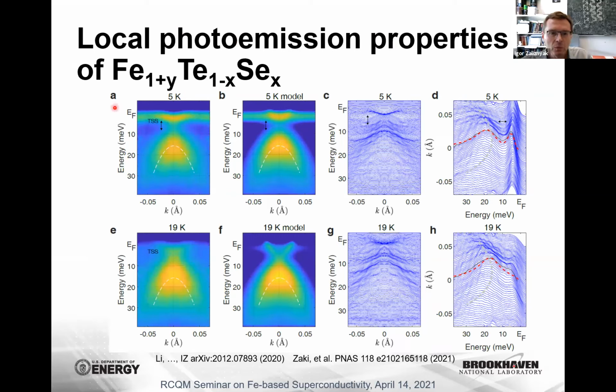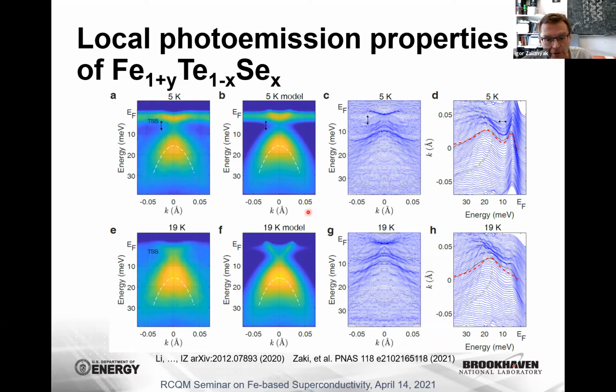So each spectrum was modeled by fitting to a spectrum containing 3 features: the bulk band feature, the topological surface state feature, and the superconducting condensate feature. The intensities of these 3 features were fitted for each spectrum. This is a color plot of the typical fit at 5 Kelvin.